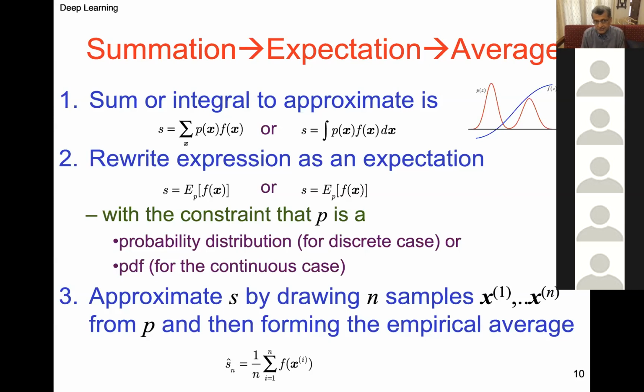All right, so that's what you need to do. We needed a summation, we rewrite that as an expectation, and then we determine the expectation as a sample mean. So P(x) is the distribution under which we are drawing the samples.